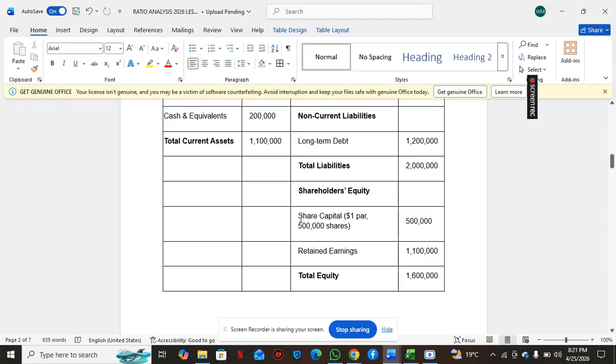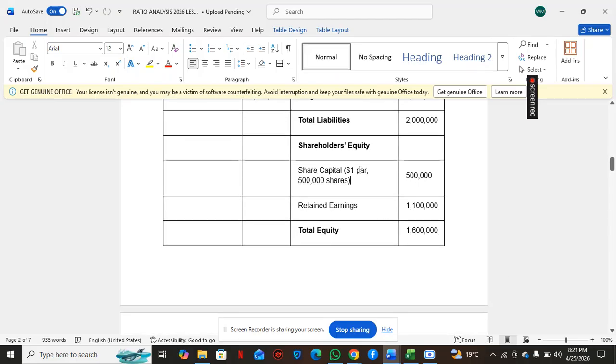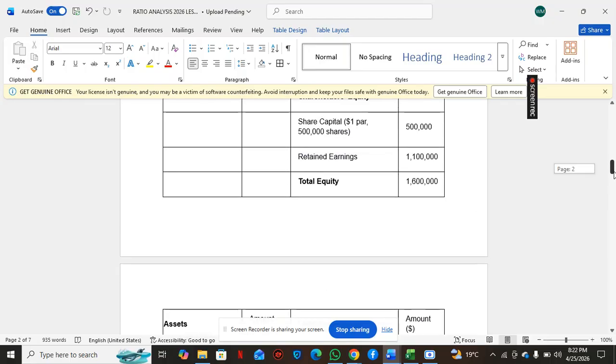Share capital, this is the money that has been raised from selling ordinary shares. Colleagues, when you hear share capital, this is the money raised from selling shares. We also have retained earnings here. Again, the retained earnings, this is the money that the company keeps. It forms part of the equity. So you've got your total equity.